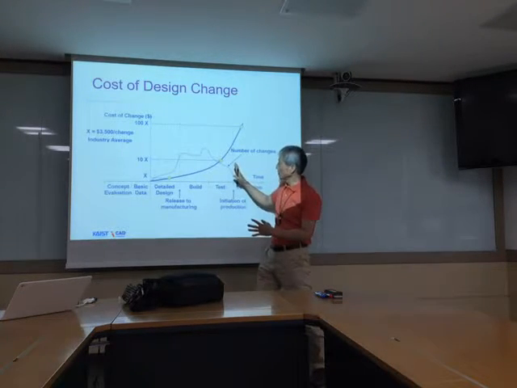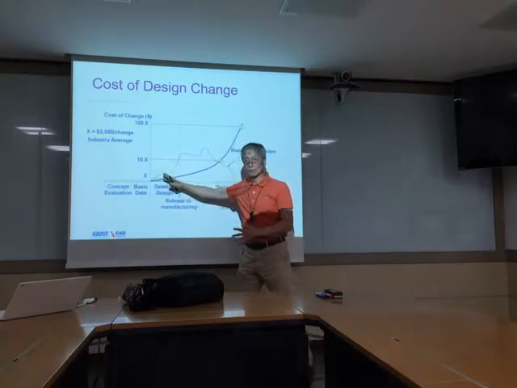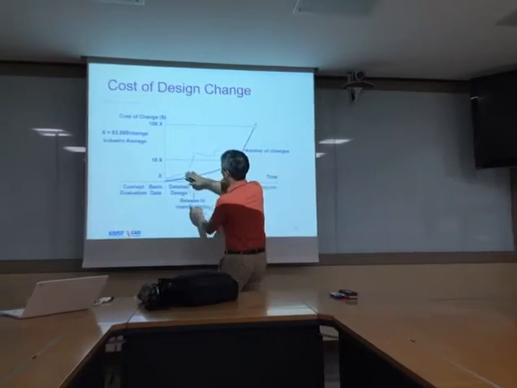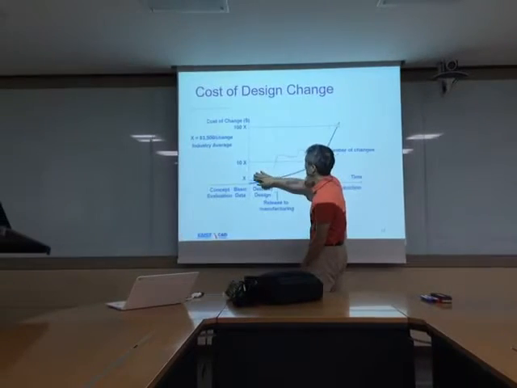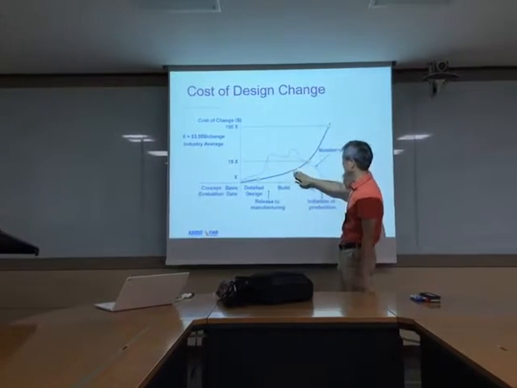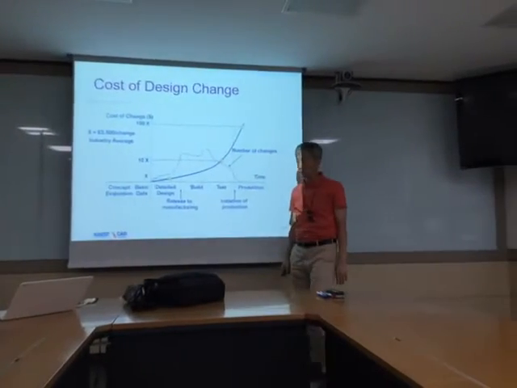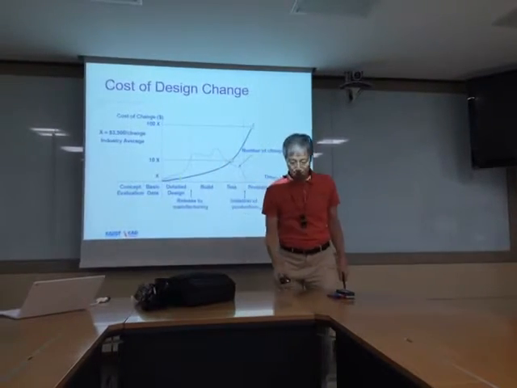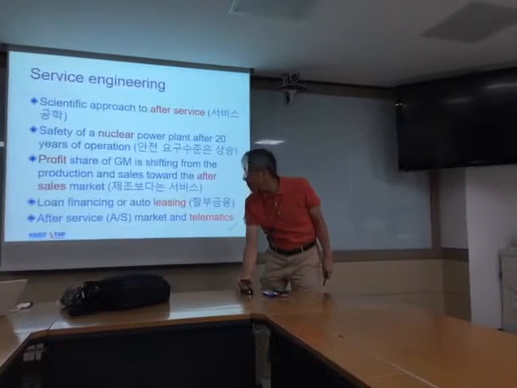So we call this front loading. Front loading means you change this curve to have more change in the front part and rather smaller in the later part. Right? So that is the idea.